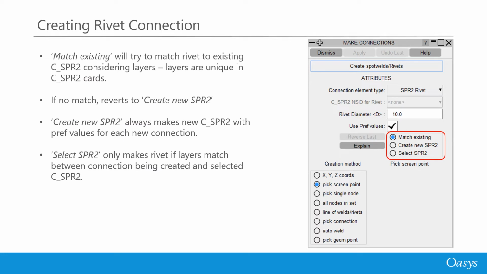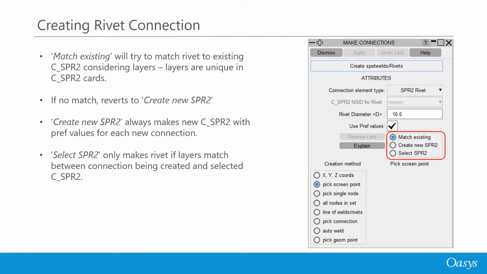There are further options: match existing, create new SPR2, and select SPR2, which control how newly created rivets relate to constrained SPR2 cards. Using the match existing option, Primer will attempt to match the current settings to an existing constrained SPR2 card.